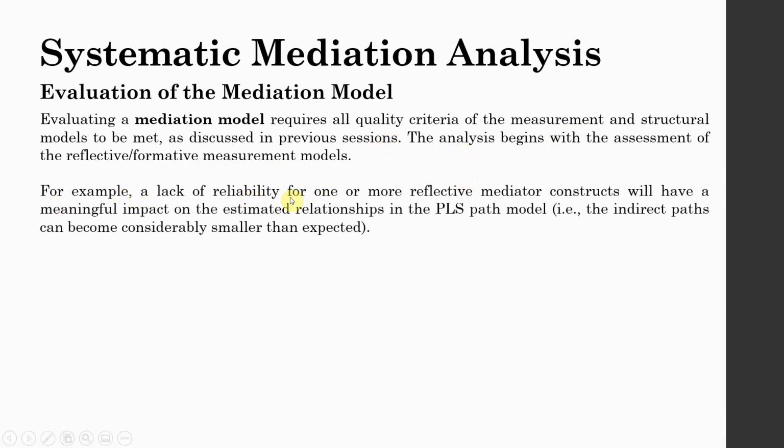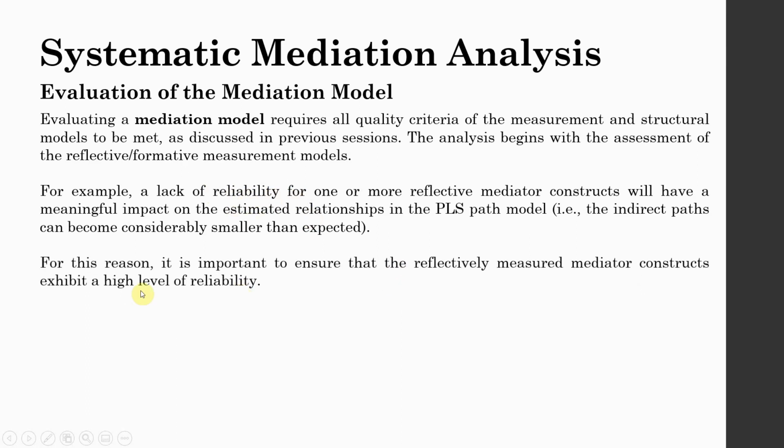For example, a lack of reliability for one or more reflective mediator constructs will have a meaningful impact on the estimated relationships in the PLS path model. That is, the indirect effects can be considerably smaller than expected if you do not check your constructs for reliability. For this reason, it is very important to ensure that the reflectively measured mediator constructs exhibit a high level of reliability.